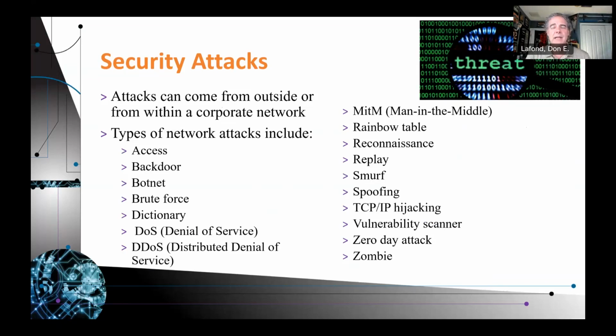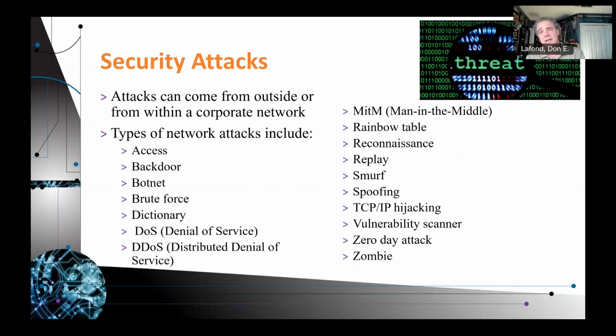Man in the middle is where you have divulged some information and somebody has, perhaps even as simple as an ARP request. There's a man in the middle that's using ARP spoofing. ARP is where it's trying to find the IP address. Somebody just says, "Hey, I'm that person," and they say, "Oh, okay," and so everything goes through that man in the middle.